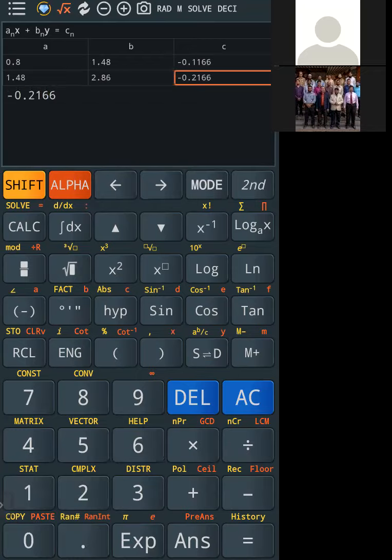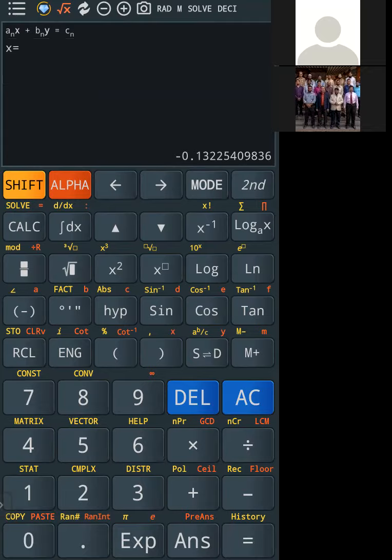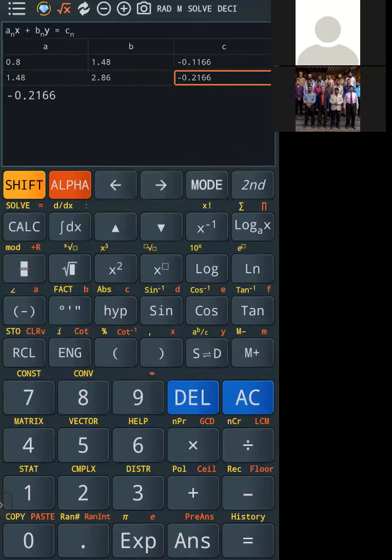Let's solve. We got C2 as minus 0.1322 and C3 as minus 0.0073. All of you can check these values.